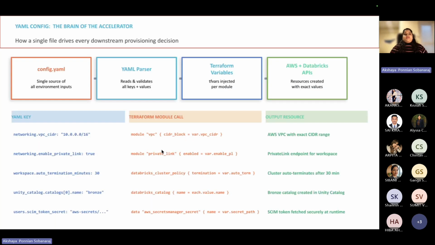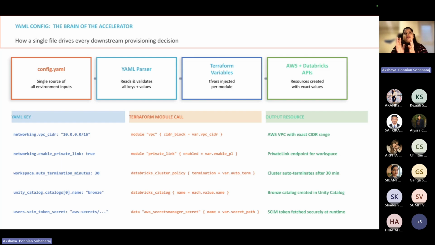So the brain of this accelerator is nothing but the config.yaml. Let me go a bit more in depth on how it's happening. This is going to be your single source of truth. I'm just going to get what details are required in this config.yaml. And there's going to be a YAML parser which is going to read all the values from the keys given in it.